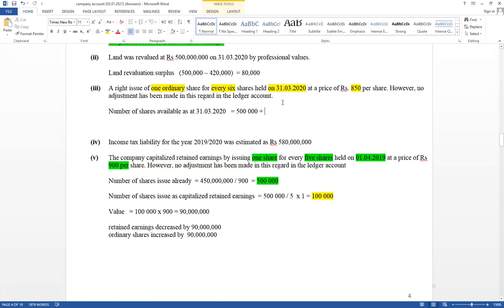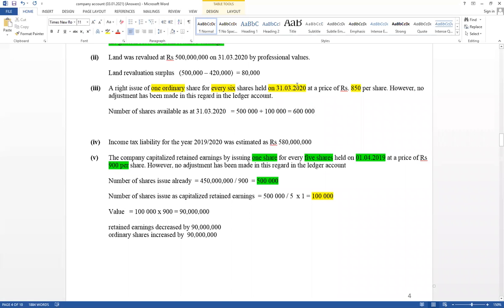Then as at 31st March 20, number of shares available is 600,000. Think about quantity, number of shares available. Reserves capitalization, number of shares is also affected now.